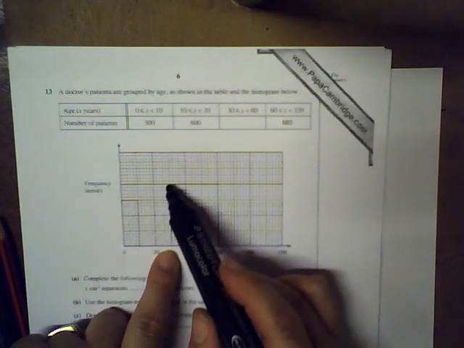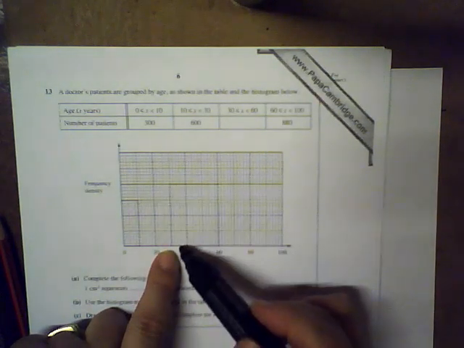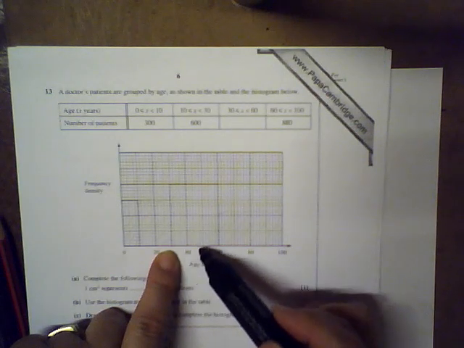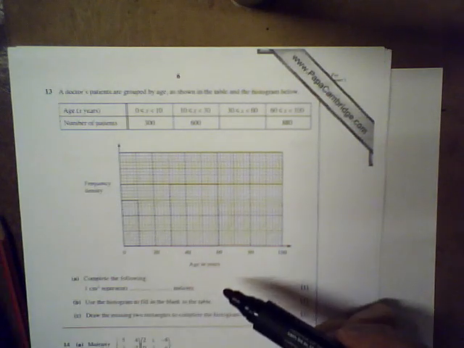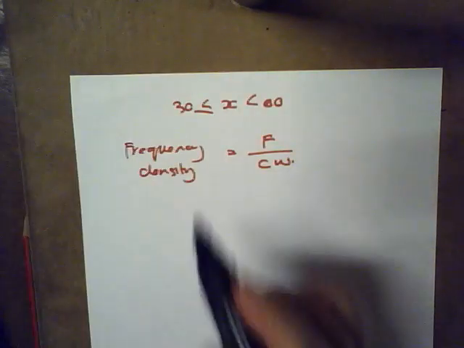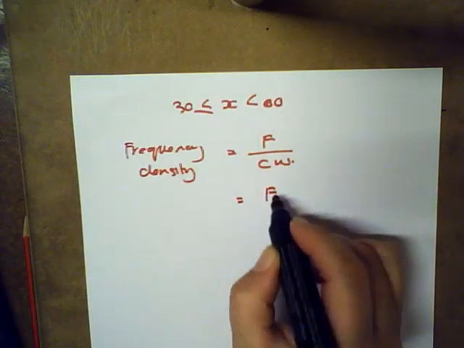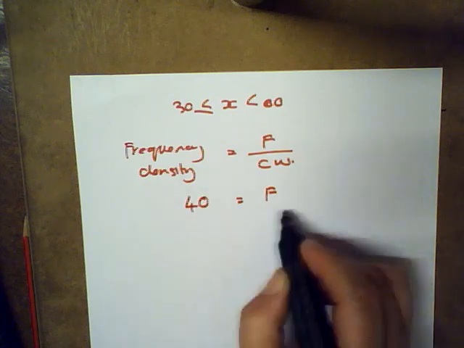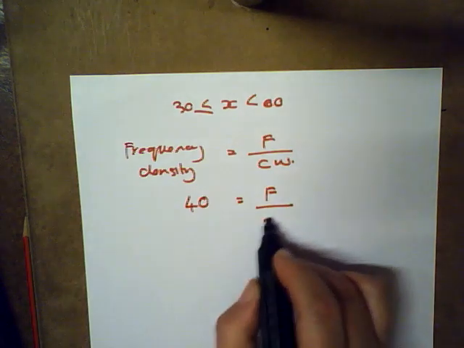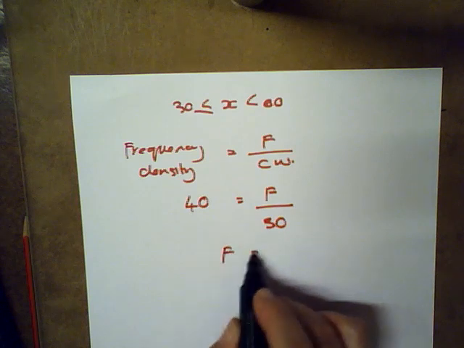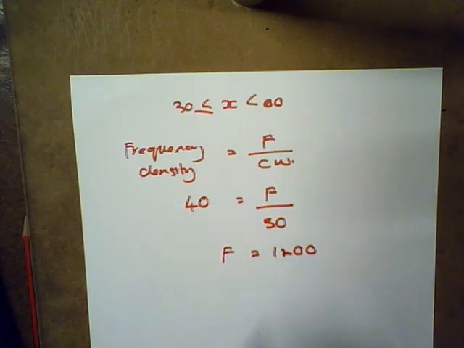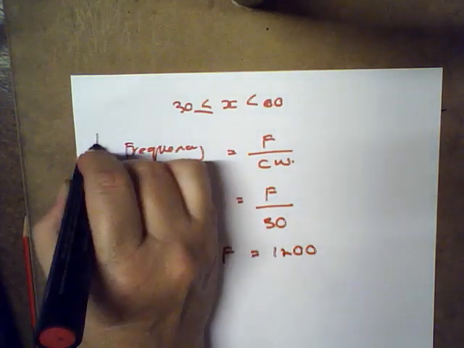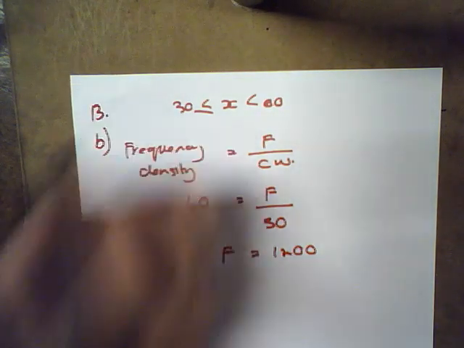It is up to 40 in my frequency density, and the 10, 20, 50 wide. Okay, so frequency, we don't know what it is. I know the frequency density is 40, my class width is 50, so my frequency can be 1200. Okay, so that would be question B here, 13B.